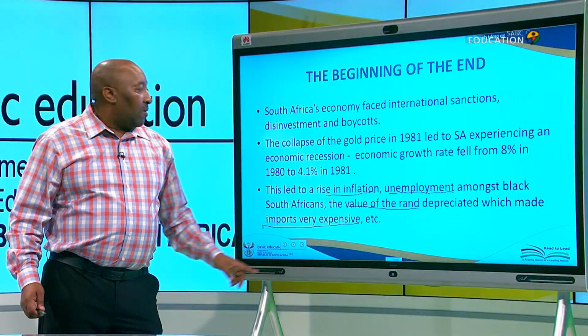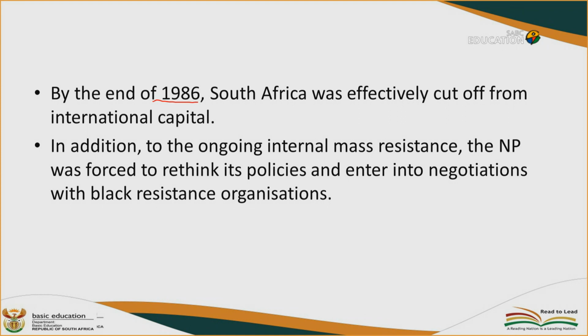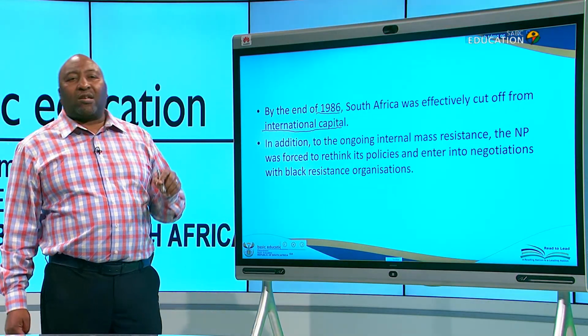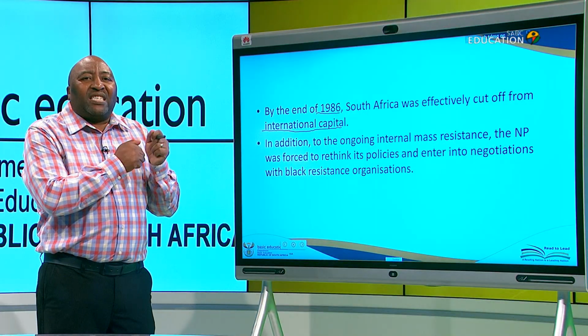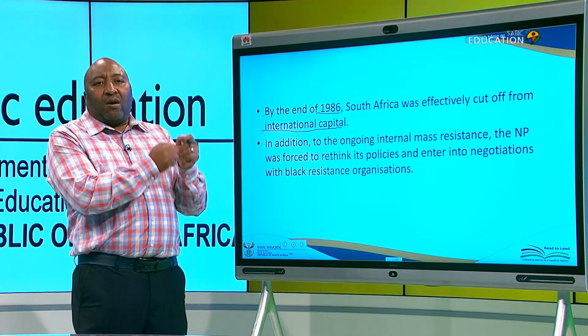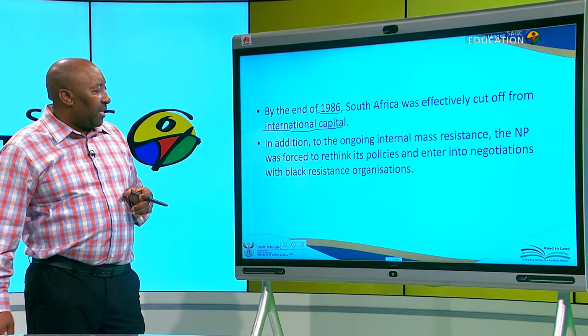In this case, then, we therefore say by the end of 1986, South Africa was cut off totally from the international capital. In addition to this, the internal resistance that took place in the 1980s through COSATU, the trade unions, through NUM, through UTM, through the PAC, through the ANC, also pressurized South Africa to change its legislation policies of repression or of oppressing the other race or the other nation.